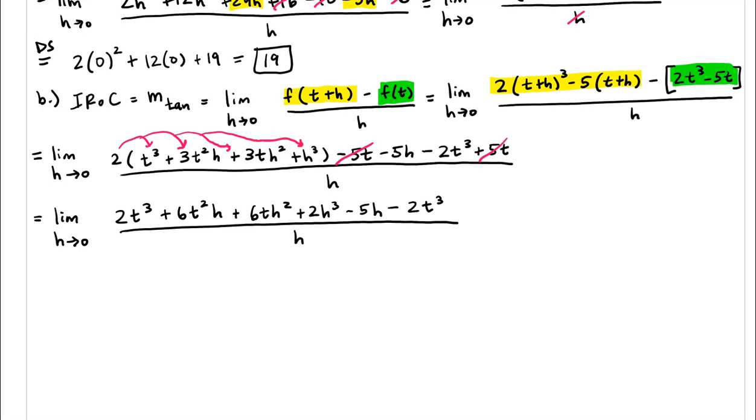All right, so hopefully things cancel out in the numerator in a way that we're only left with terms that have an h. So I have 2t cubed and minus 2t cubed, and it does look like everything else has an h that remains in the term, so we can factor out an h in the numerator.